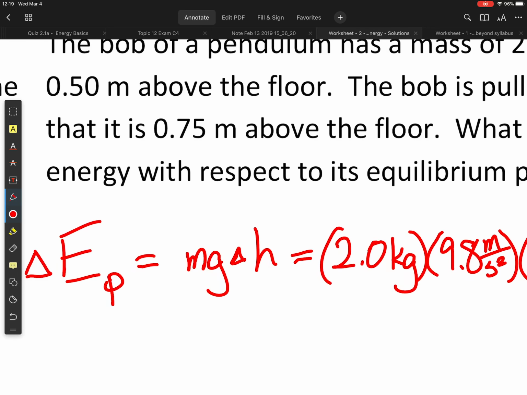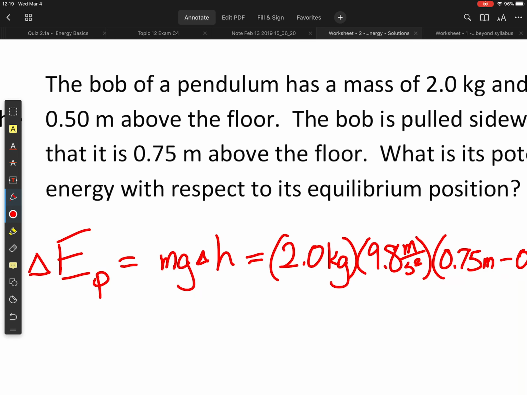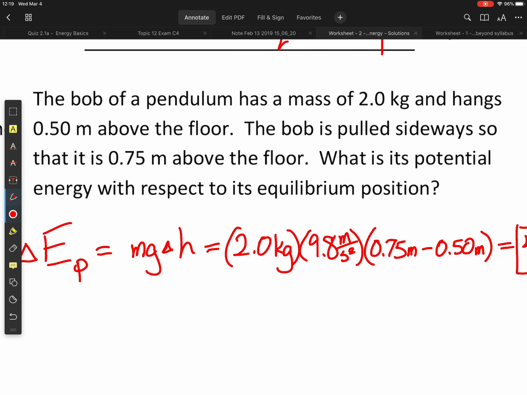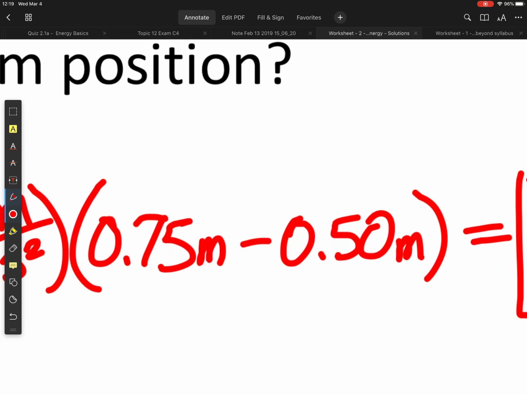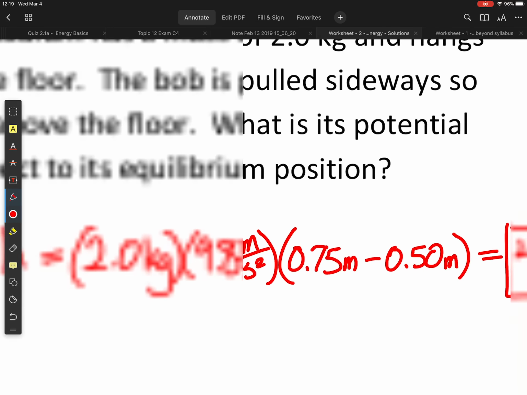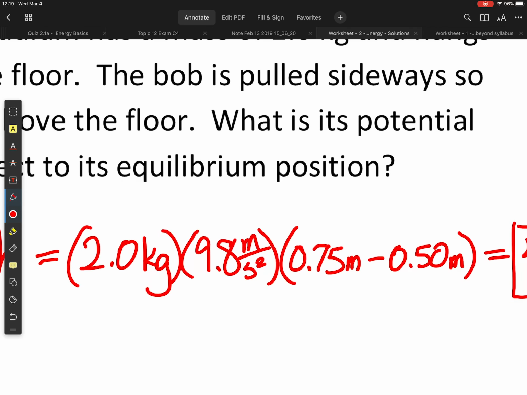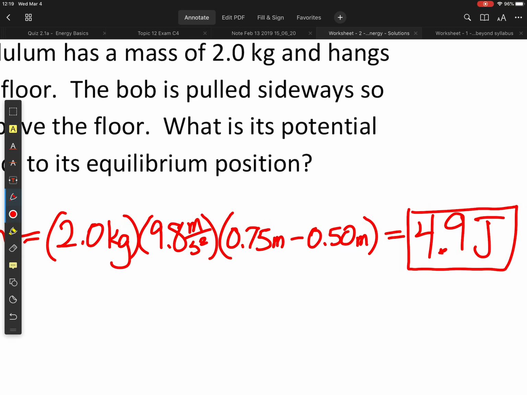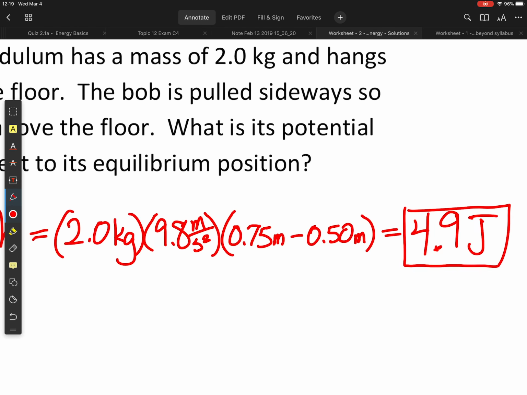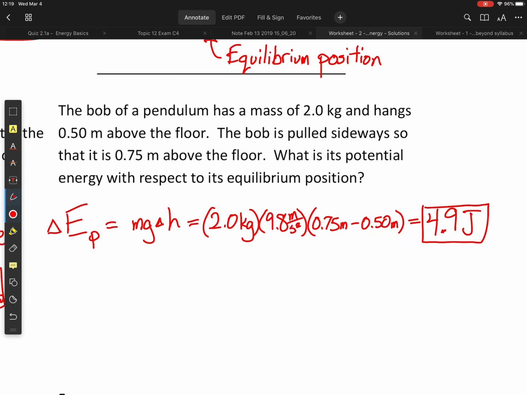Our change in height is given by the maximum height minus the minimum height, where the pendulum is in its equilibrium position. We plug all our values into a calculator, and what we find is that we have 4.9 joules.